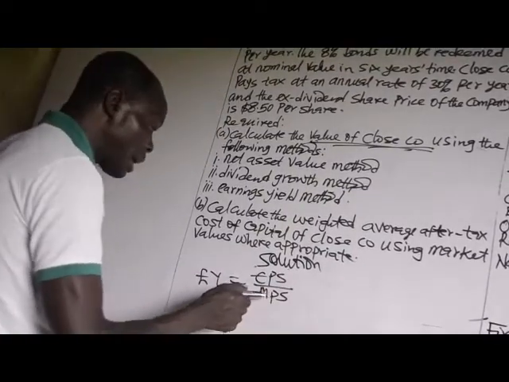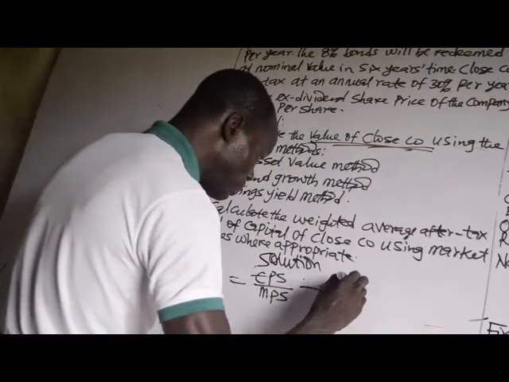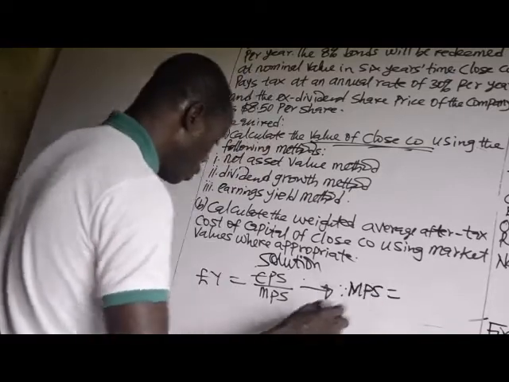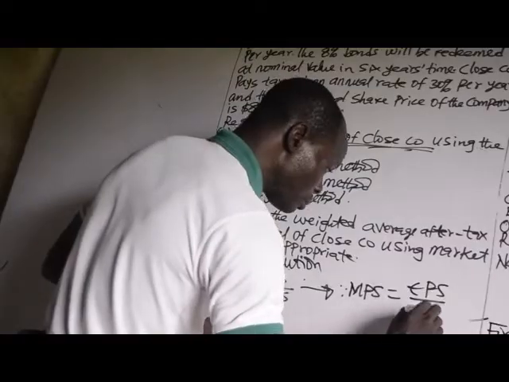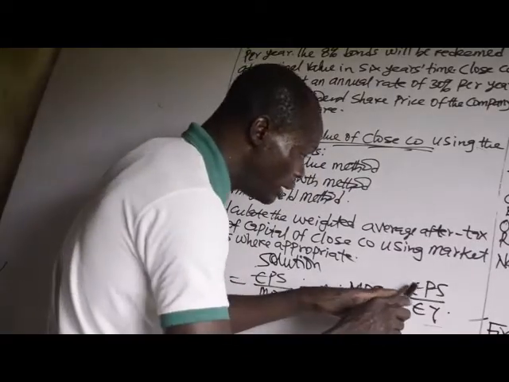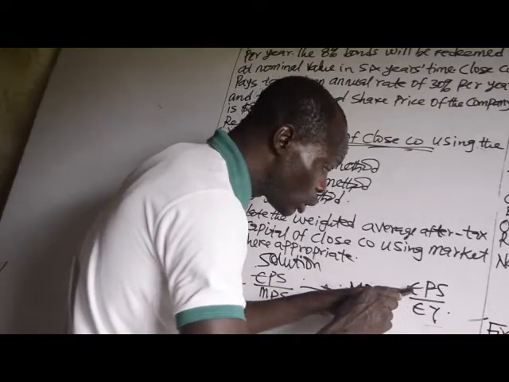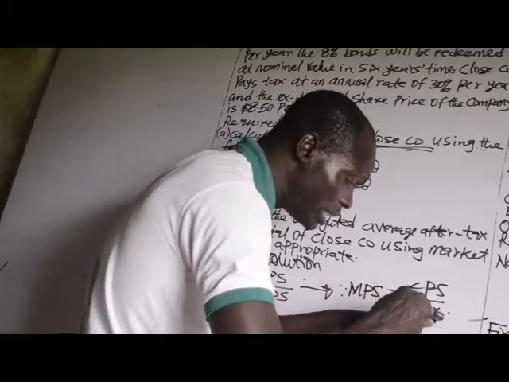When we make the market price per share the subject of the formula, you have market price per share equals earning per share over earning yield. You can equally use the total earnings, that is total profit, over earning yield.